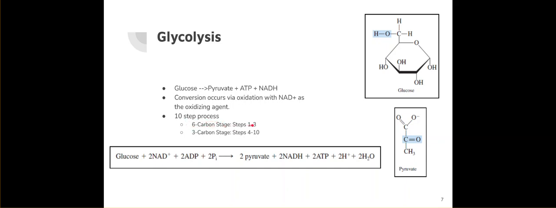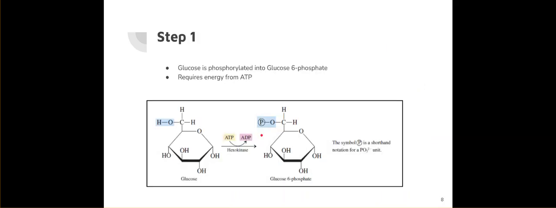The first 3 steps are dealing with a 6-carbon stage. And then the last 7 steps happen in what's called the 3-carbon stage. So it's going to go from the 6 carbon in the first 3, but by the time you get to the 4th stage, you're now dealing with a 3-carbon chain.